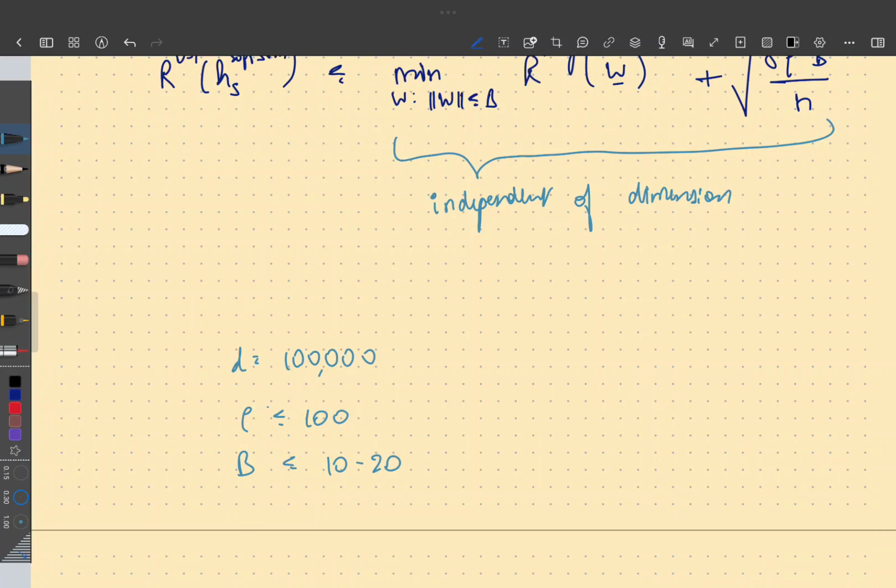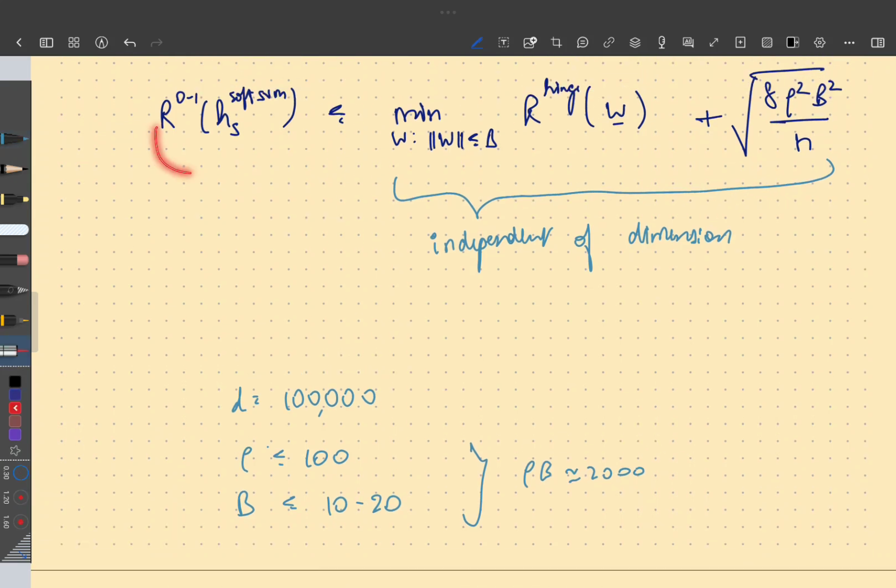So even though the dimensionality, because your dictionary is large, is, let's say, 100,000, rho times B is somewhere around 2,000 or so, which is much less than 100,000.